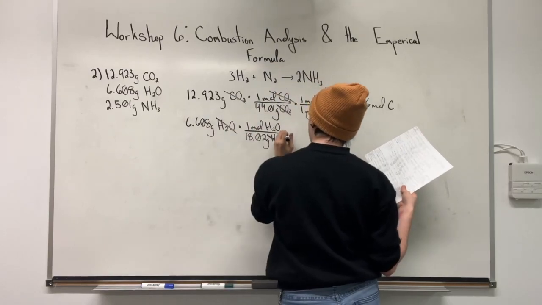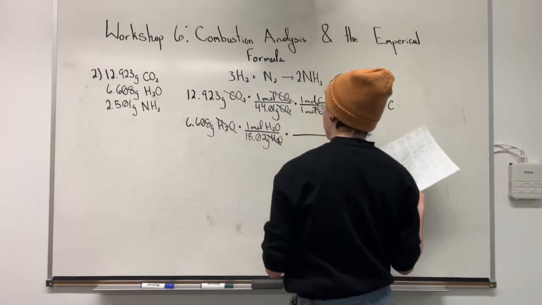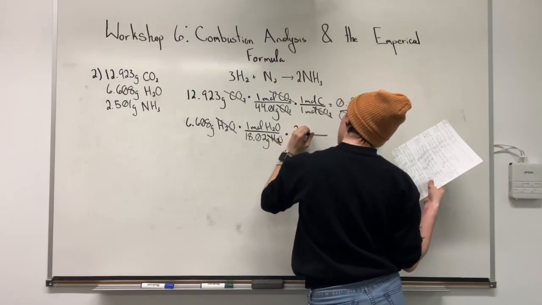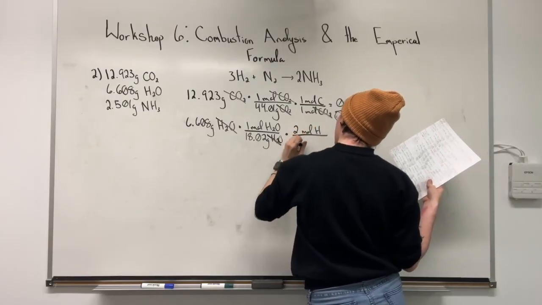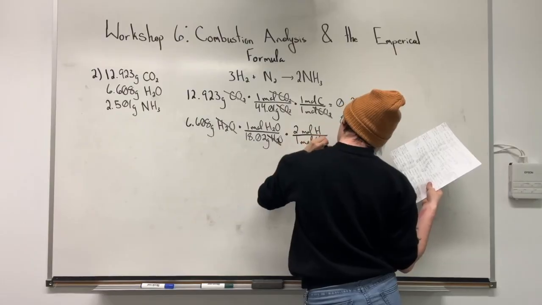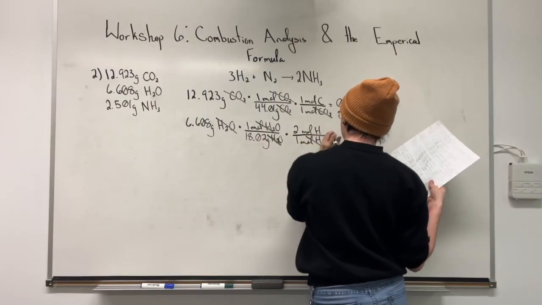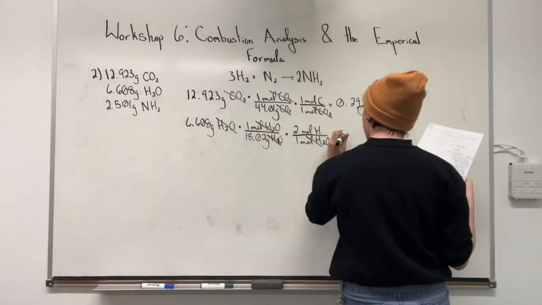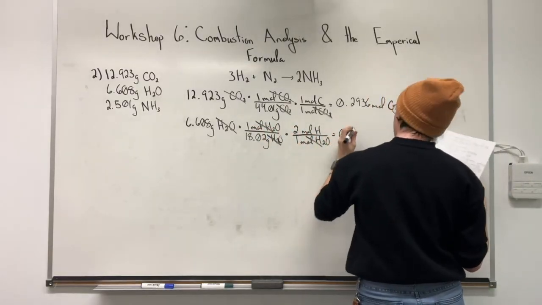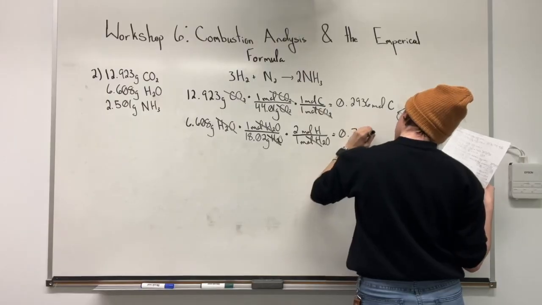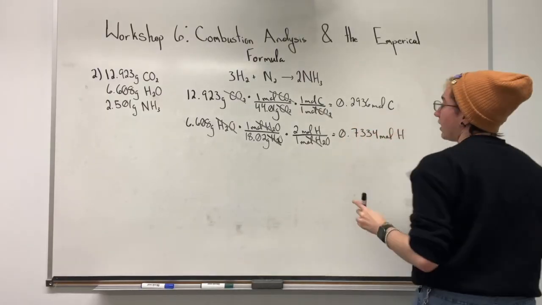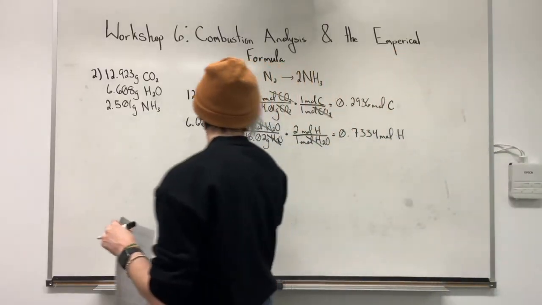And then just like the carbon, we need moles of hydrogen. It's a 2-to-1 ratio, 2 moles of hydrogen for every 1 mole of H2O. This much water is produced by 0.7334 moles of hydrogen.